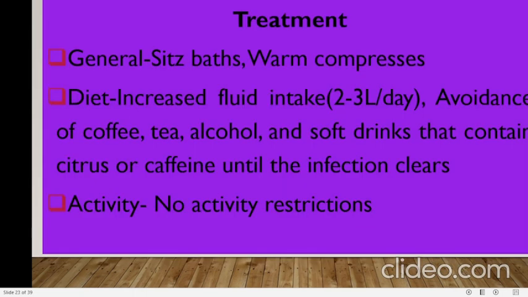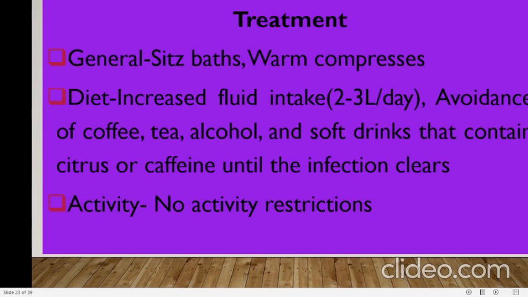Treatment of urinary tract infection. In general, we do sitz bath and warm compresses. In terms of diet, we increase fluid intake, that is 2 to 3 liters per day, and avoid coffee, tea, alcohol, and soft drinks that contain citrus and caffeine until the infection clears.